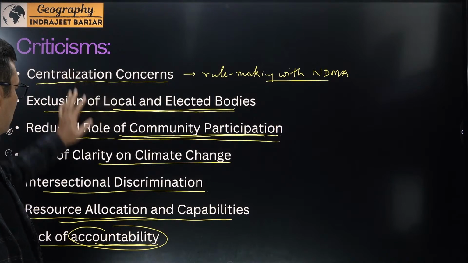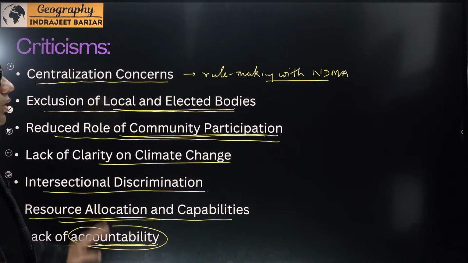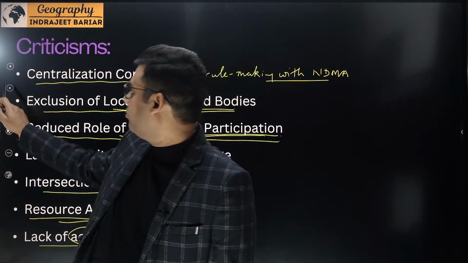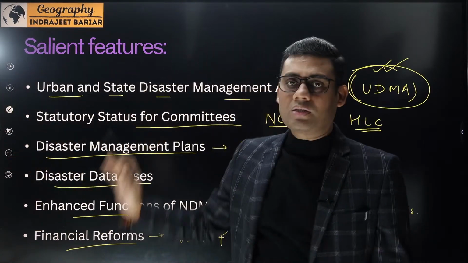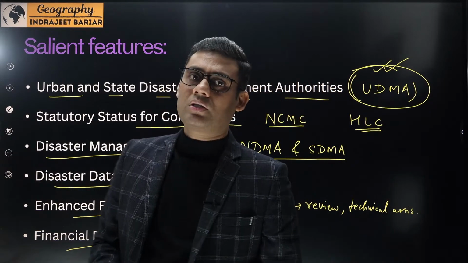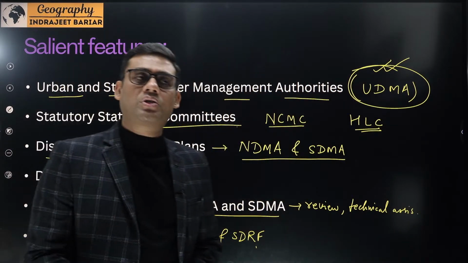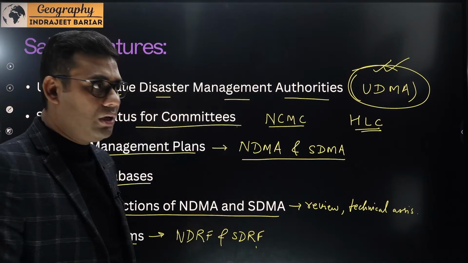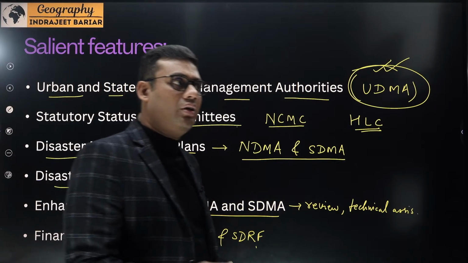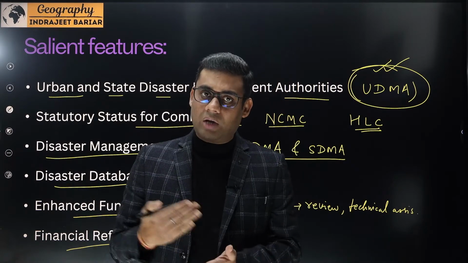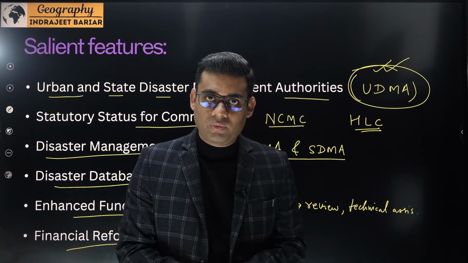So overall, with all these criticisms, what we see with the salient features of the new bill is that this is a welcome step towards decentralization, no doubt in that. But decentralization in what respect? Decentralization in terms of disaster management at the grassroots level.